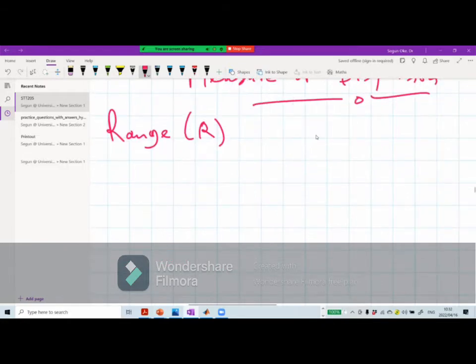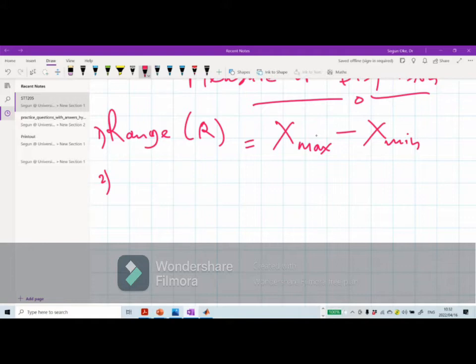Which is R equals x of maximum minus x of minimum. Number 2, then we have coefficients of range.